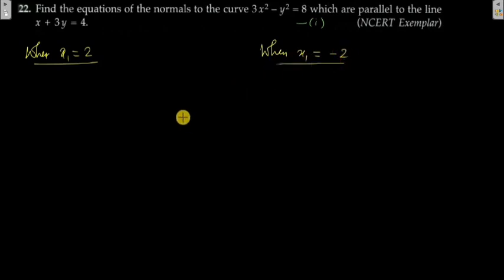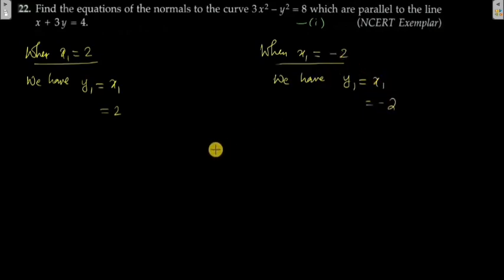Two values for x1. Now all of you know x1 and y1 both are equal, isn't it? If x1 is 2, then the value of y1 is also going to be 2, and similarly when x1 is minus 2, then y1 will also be equal to minus 2.